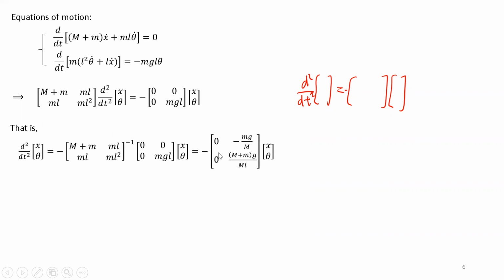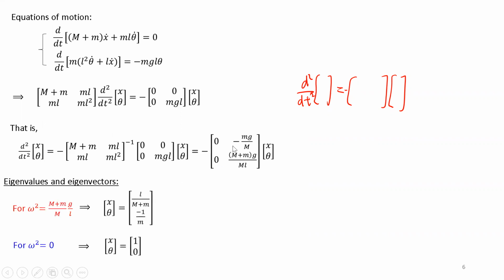Now, I have two zeros in this matrix, but anyway, I can still try to find the eigenvalues and eigenvectors. If you actually try to do that, you'll find that the two eigenvalues are big M plus small m divided by big M times g divided by L, and 0.